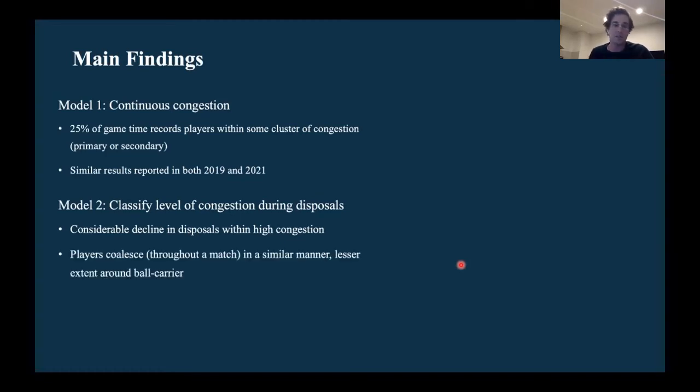This suggests that players coalesce in similar manners throughout a match, so continuously, but there's less pressure on the ball carrier in the 2021 season. This could suggest that the rule changes that the AFL are implementing are having an impact on player congestion.